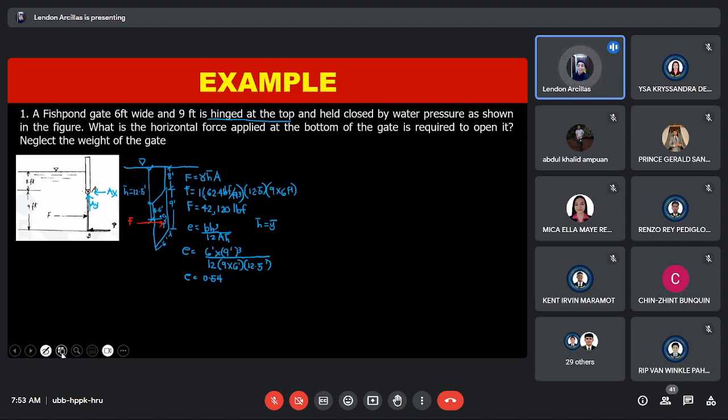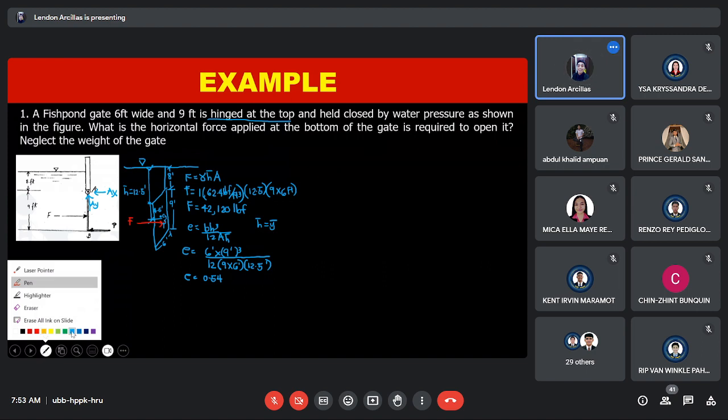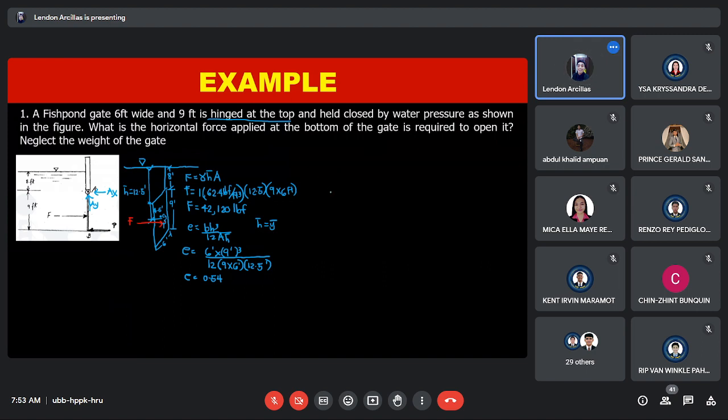so let's try to have another free body diagram on the forces acting on the gate. Okay, so ito yung gate ha. Ito yung hinge. Again, the hinge will support A sub X and A sub Y. Ito yung support system ng hinge, dalawa. Pag roller, isa lang. So this is the gate. This is our CG. And this is 9 feet, right?